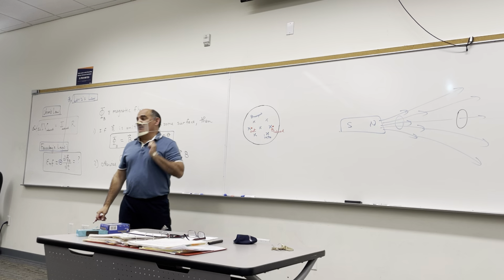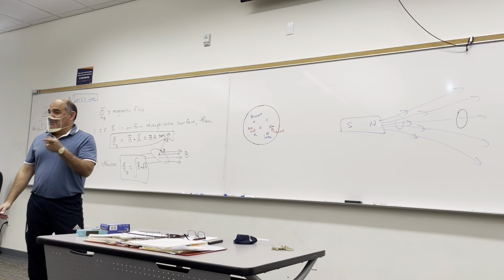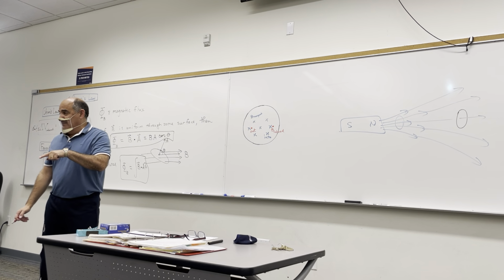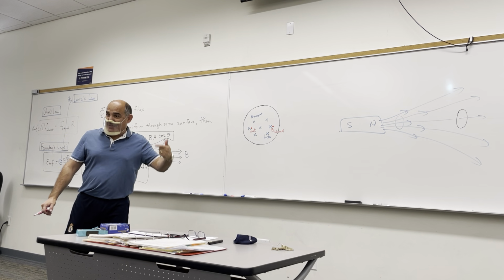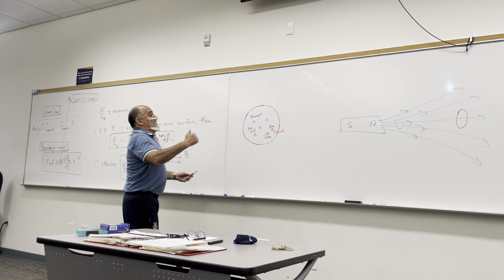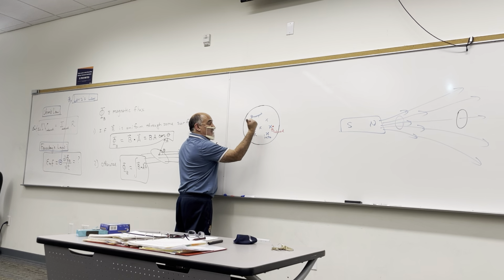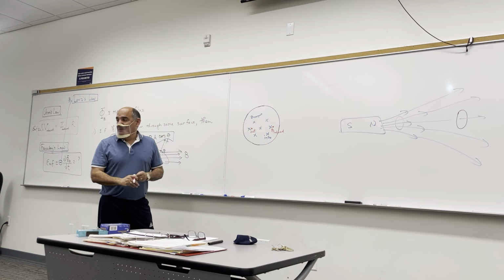So now you tell me, what would have to be the direction of the current in this ring induced by the changing magnetic flux if it has to produce its own magnetic field out of the board? Which way? Counterclockwise.